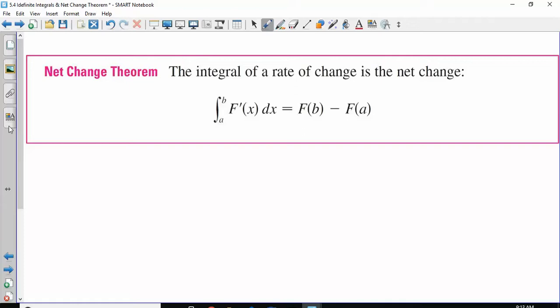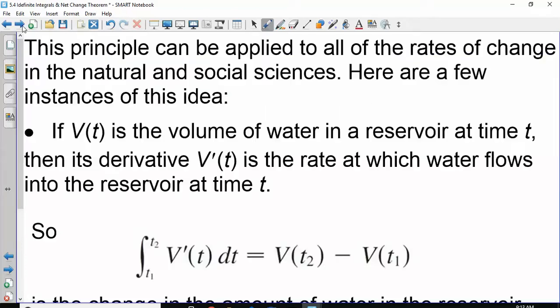So if we get a negative 5, that's saying it decreased 5 over that interval. Or the area was like a negative 5 because it was below the axis. If you get a positive 8, that's like saying it was above the x-axis, so it increased by 8 over that interval. So net change is just talking about how something changes over time.